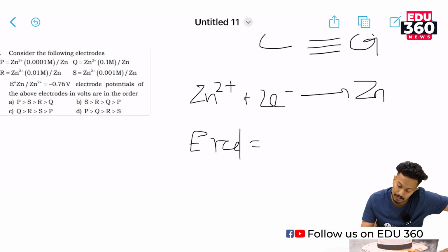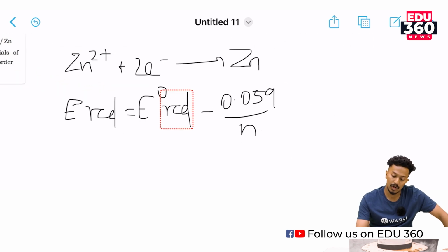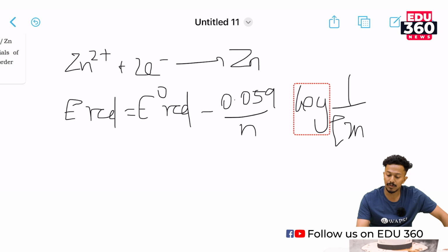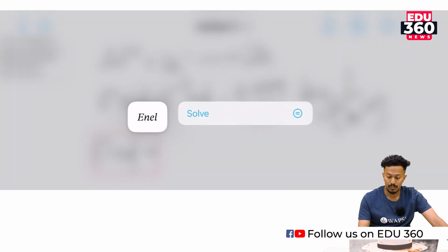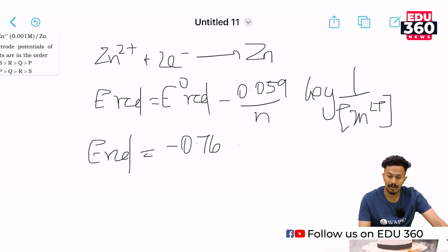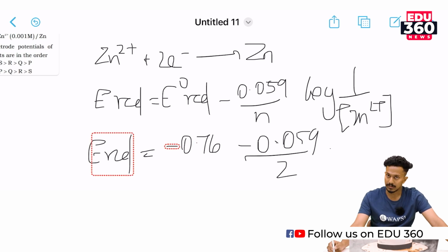E reduction is equal to E0 reduction minus 0.059 by n, log 1 by Zn2+, so you have to find the concentration of Zn2+. E0 for Zn2+ to Zn is given as minus 0.76, and 0.059 by 2, since there are 2 moles of electrons, with log 1 by Zn2+.